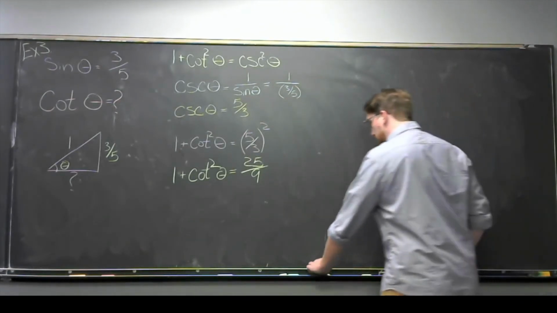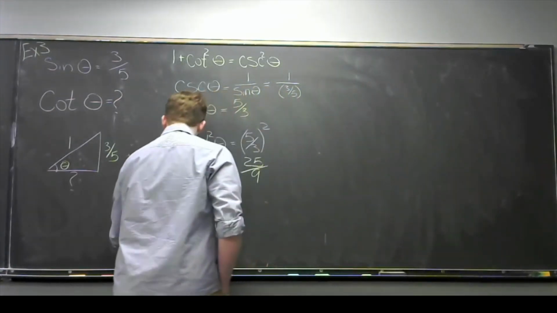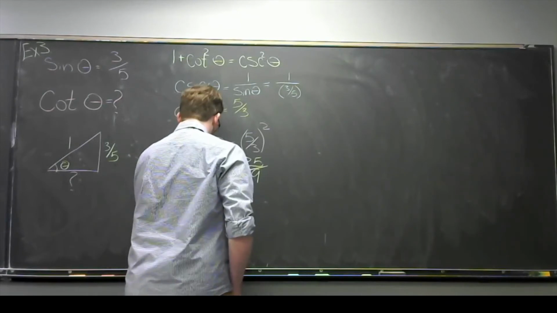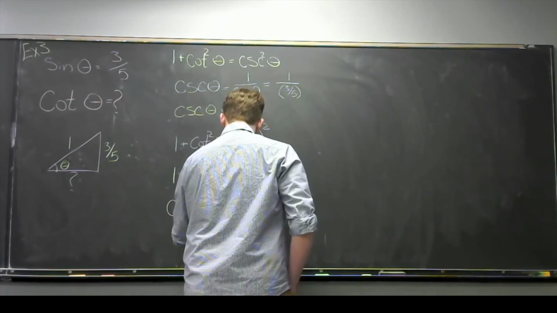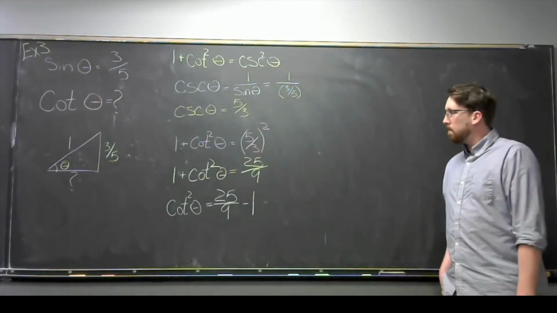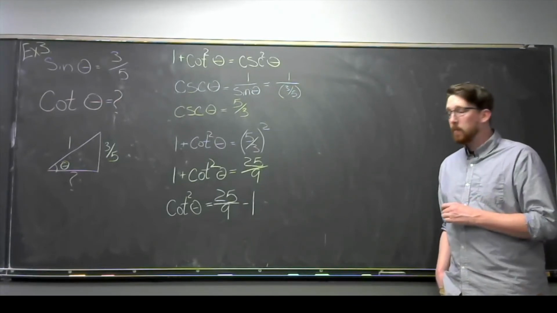Now we can subtract the 1 from both sides. And we can rewrite it as 9 over 9.